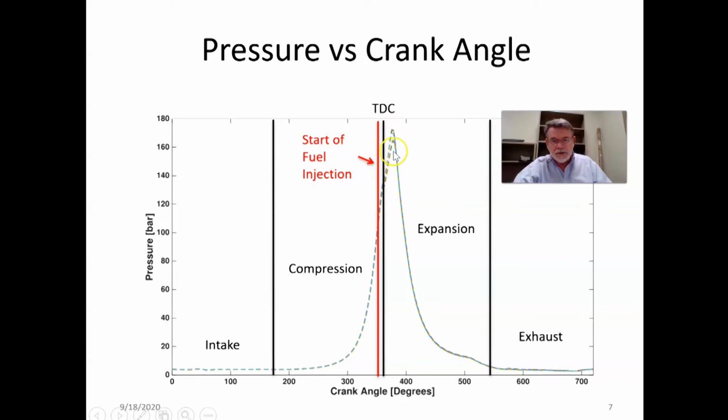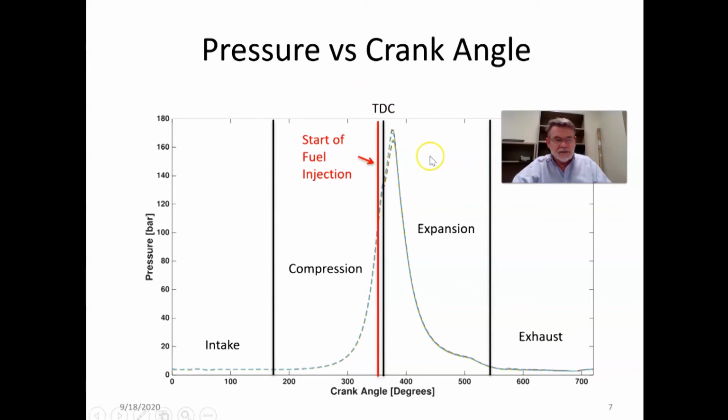So the pressure gets down really, really quickly, and then there is the exhaust where the pressure is minimum as well, and it keeps on doing this over and over. It's a cycle again. So you would wonder what the TDC is. It's the top dead center.